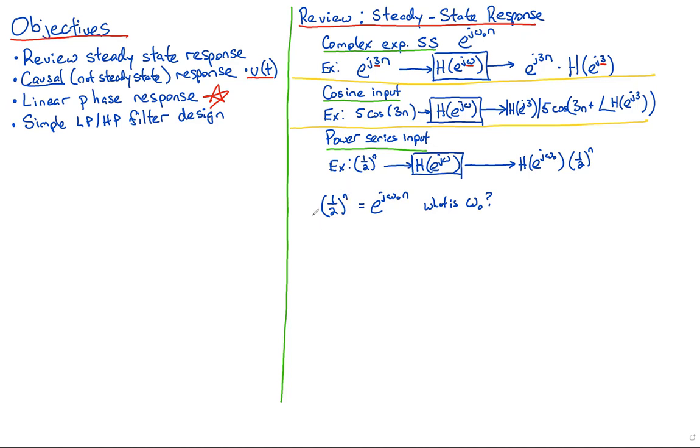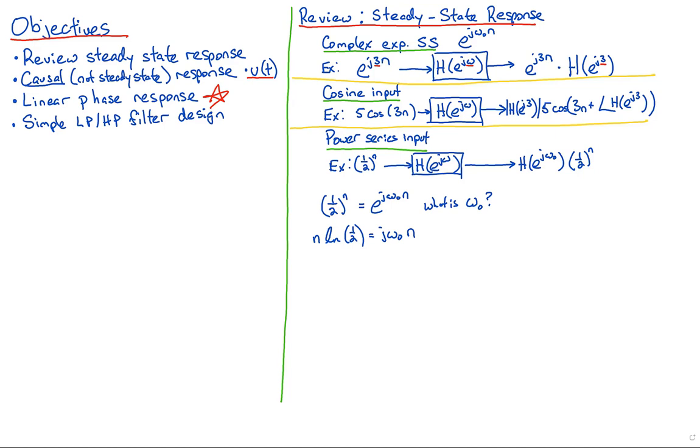And by the rules of lns, if we take the ln of this entire thing on the left, that's equal to n ln of 1/2. And that equals the ln of e to the j times this. But the ln of e raised to anything, the ln just undoes the e. And so we end up with j omega naught n.